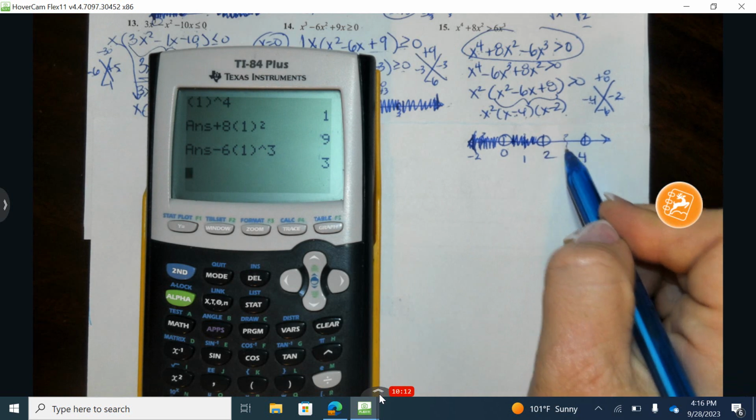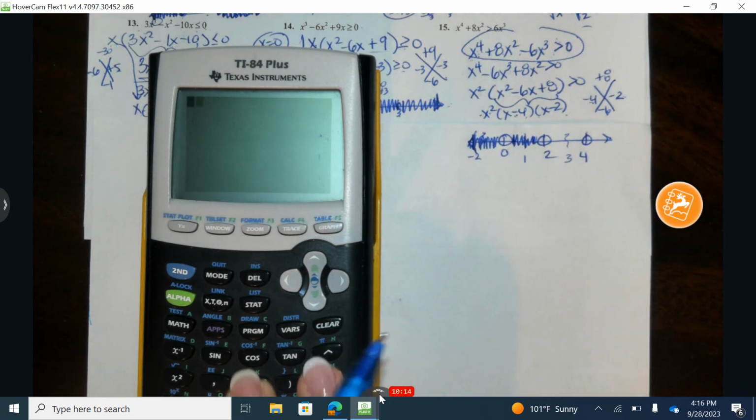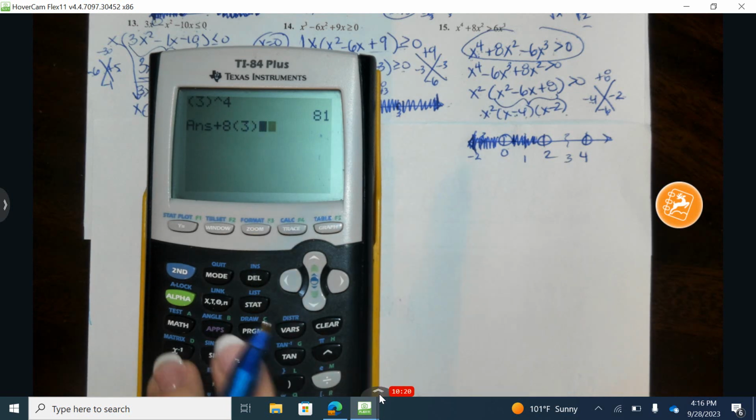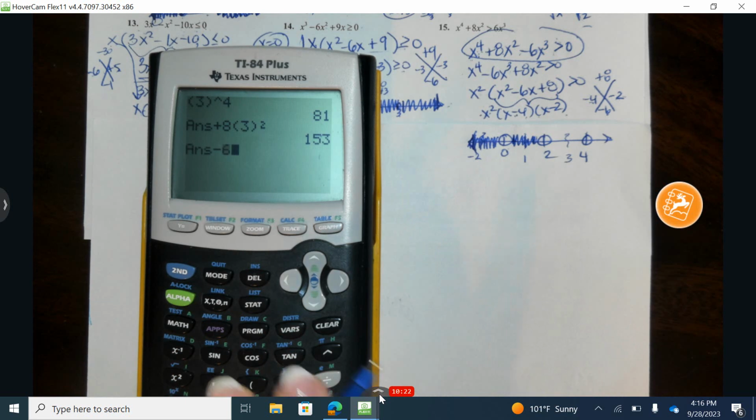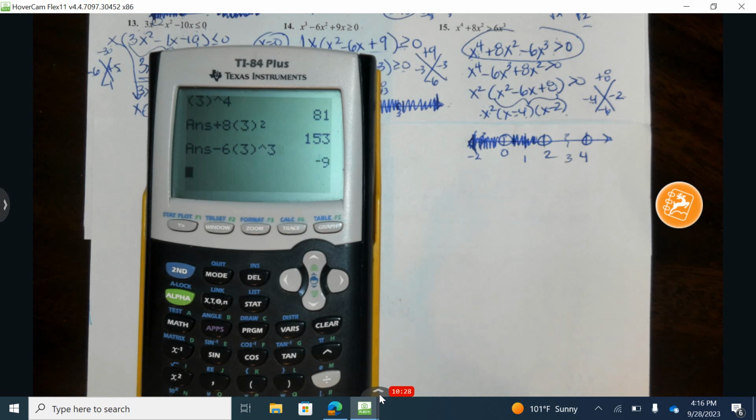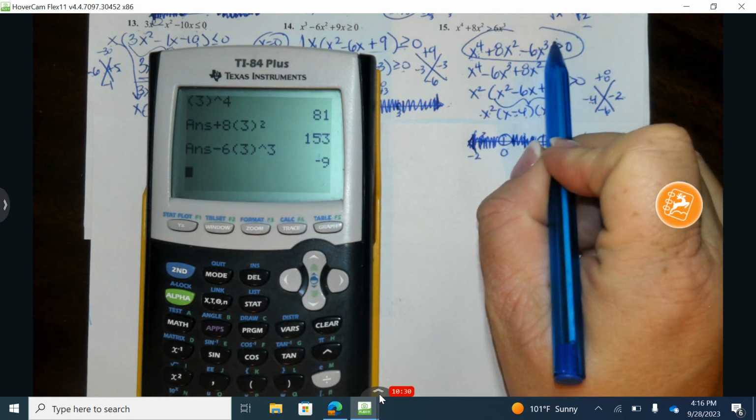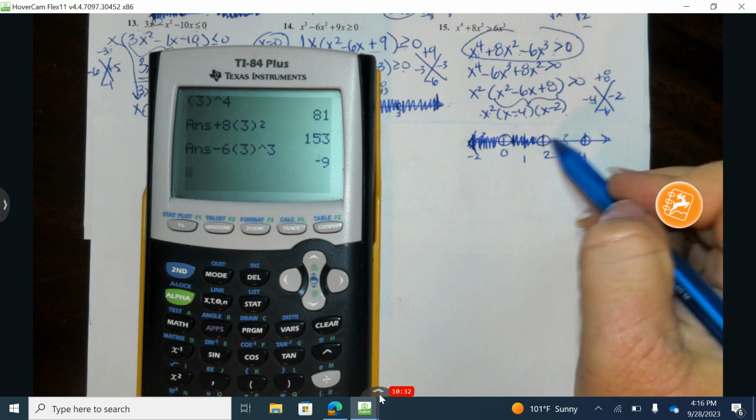Now let's choose a number between, like 3. 3 to the fourth plus 8 times 3 squared minus 6 times 3 to the third. Negative 9. Is negative 9 greater than 0? Not a true statement. Leave this blank.